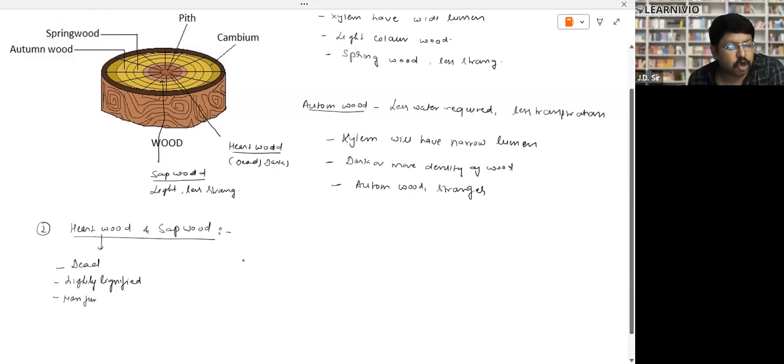It is non-functional and does not conduct water.